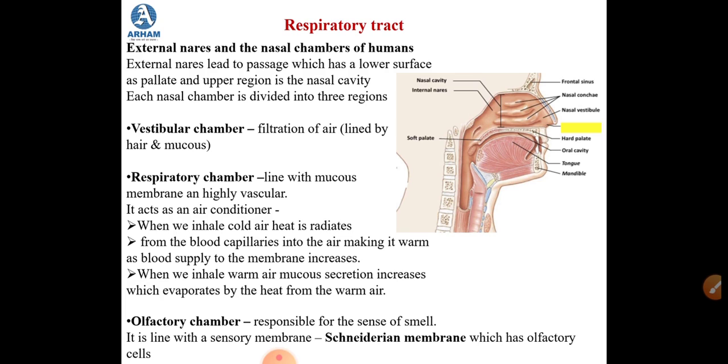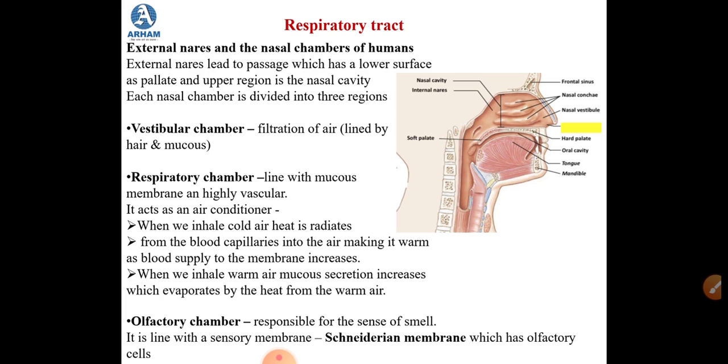The second situation is when we inhale warm air or hot air. In this case, if we inhale too warm or too hot air, this can again cause some damage or injuries to the lungs.